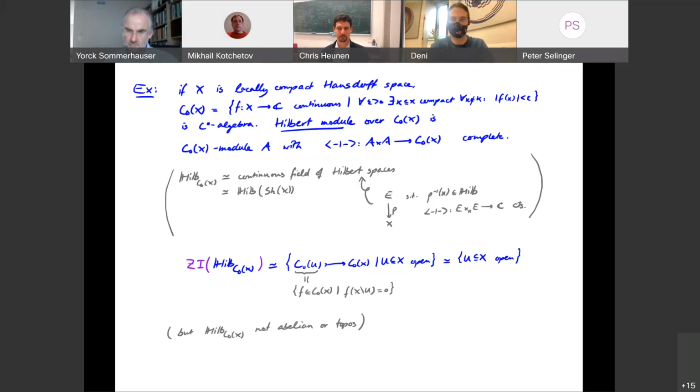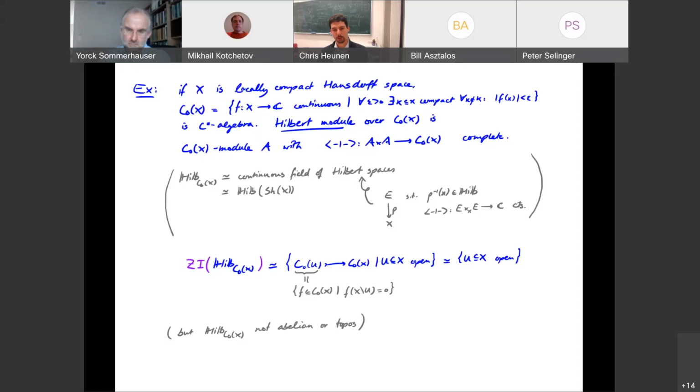So a Cauchy sequence at the first level, what do you mean by that? You have a sequence of elements in A, let's call them little a_i.